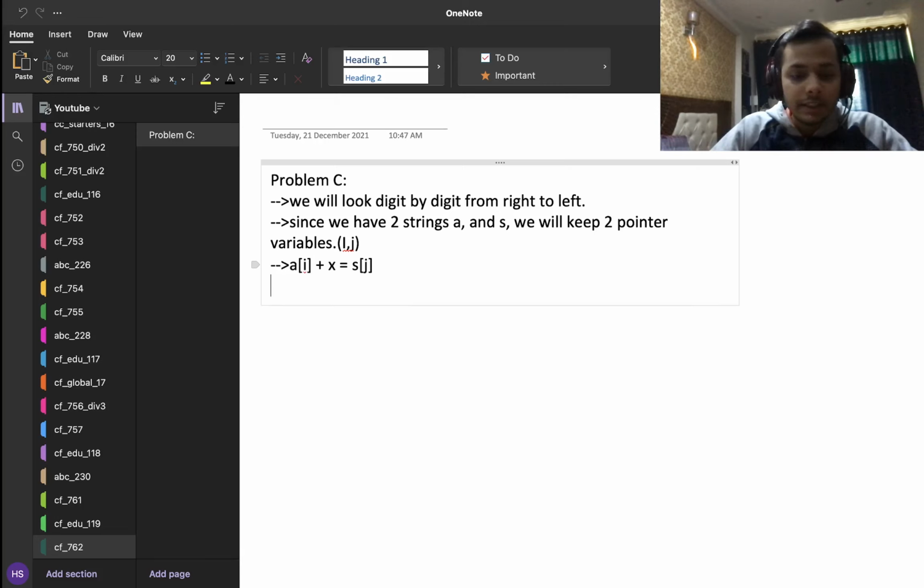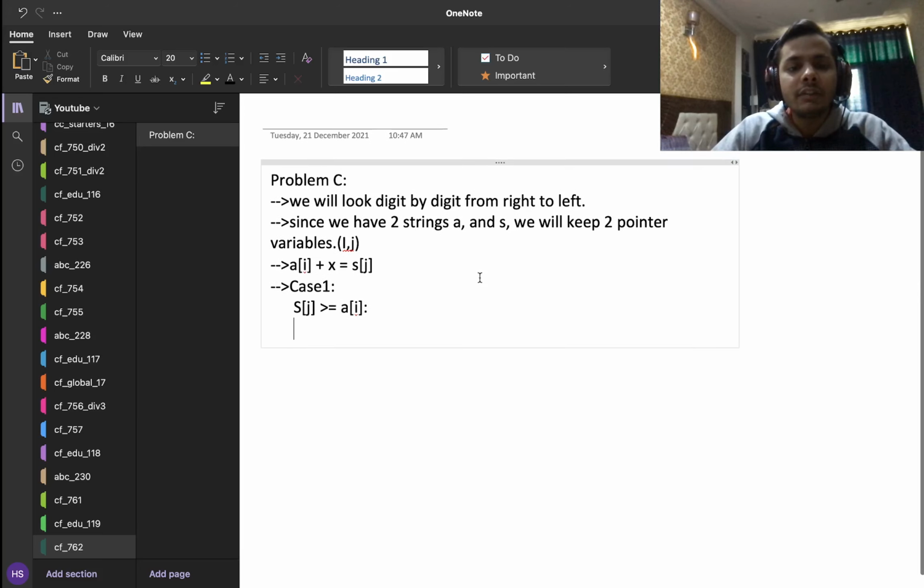So let's just make two cases to make our life easier. So this is case 1. Case 1 is when S of J is greater than or equal to A of I. So now if S of J is greater than or equal to A of I, it is fairly obvious that the sum of the digit which was present in B at this location with A of I is not exceeding 10, and we are having no carryovers.